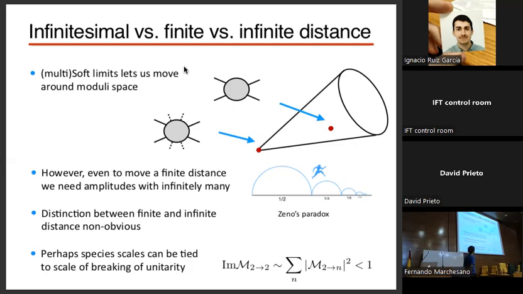Otherwise we run into Zeno's paradox, which is that we want to go there, but we can only take half a step each way because we assume some hierarchy in the soft limits. And from this perspective, the distinction between finite distance and infinite distance from the point of view of scattering amplitudes is not obvious. So maybe one has to think about when this theory breaks down, when it becomes non-unitary, to make some progress.